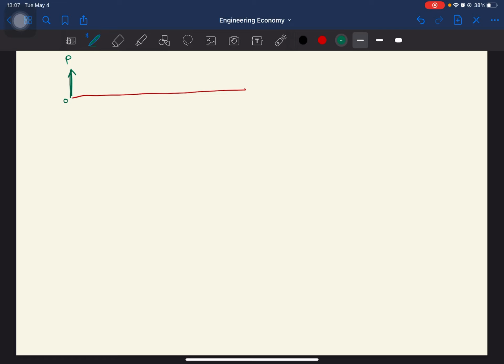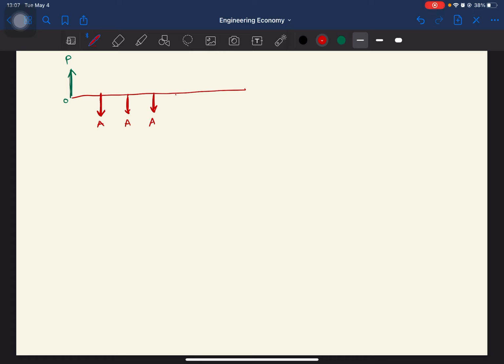So, at year 0, ibig sabihin, at the present, ngayon. Okay? So, your first payment, let's say hindi ka nag-avail ng buy now, pay later. So, your first payment will be 30 days after or at the end of that month. Okay? So, let's say A. Let's say gusto mo 6 months mo lang bayaran yan.